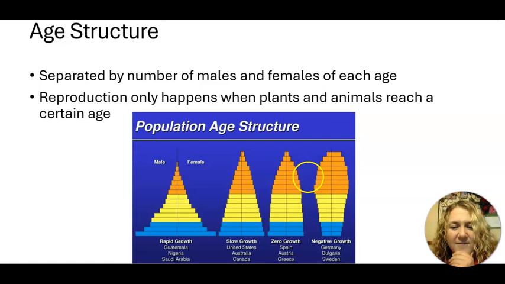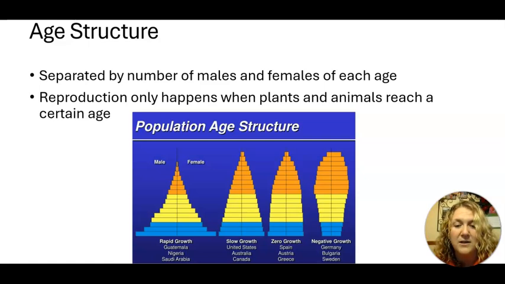And then we have negative growth actually in Germany, Bulgaria, and Sweden as of right now. And that is because there is a smaller amount of children in blue down at the bottom.